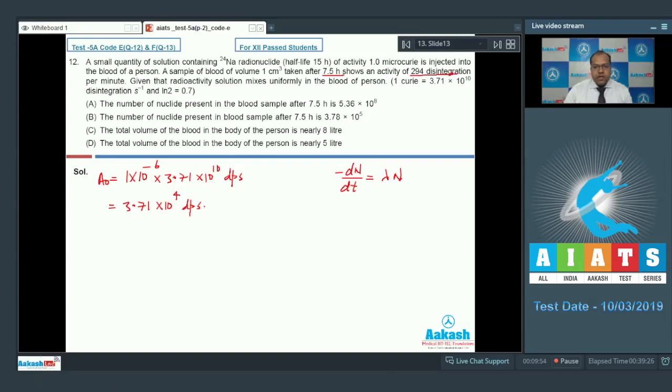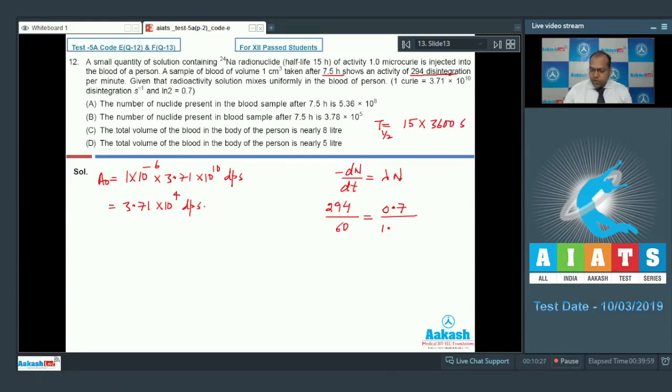So at this instant, if I calculate the number of radionuclei present in the blood sample, it can be written as 294 divided by 60, that is the disintegrations per second, equal to lambda, that is ln2 divided by t half, times N. So ln2 is 0.7 and the value of half-life, t half, is 15 hours, that is 15 into 3600 seconds.